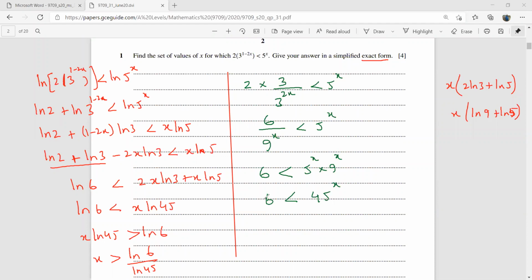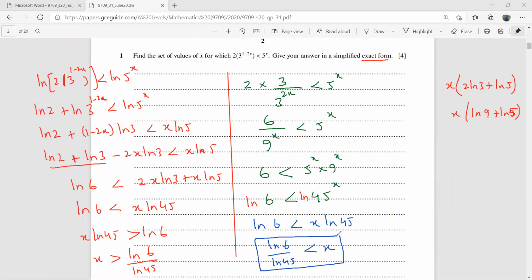Now you apply the logarithm on both sides. This is ln, this is ln. So now you have ln 6 is less than x ln 45, so x is greater than ln 6 over ln 45. So which method would you prefer?